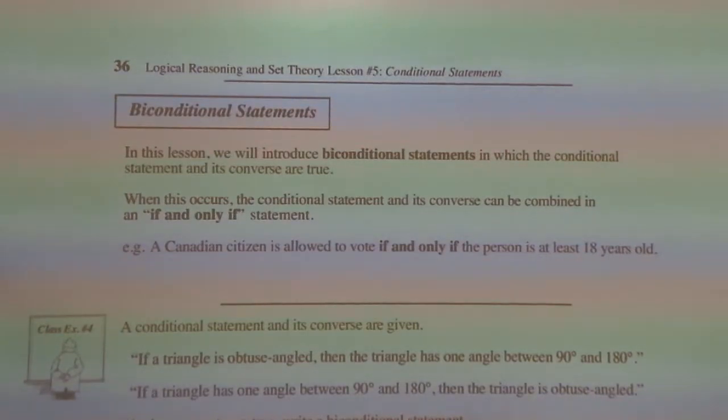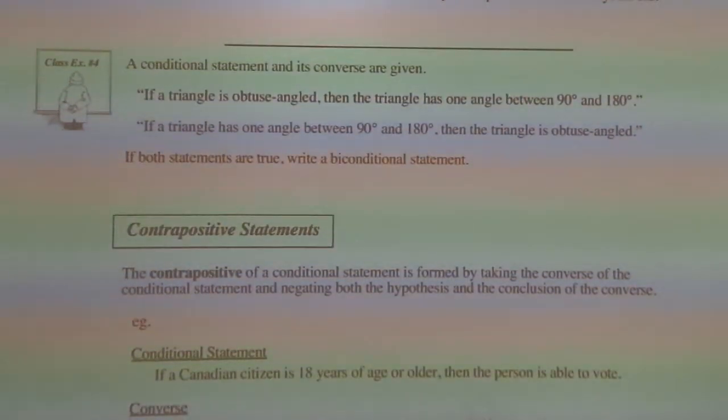So if I look at class example number 4, if a triangle is obtuse angle, then the triangle has one angle between 90 degrees and 180 degrees. Is that true or false? What's an obtuse angle? Oh, it's true. An obtuse angle is more than 90 degrees, less than 180. In a triangle, if I have one of those angles being obtuse, can I have two angles that are more than 90 degrees?